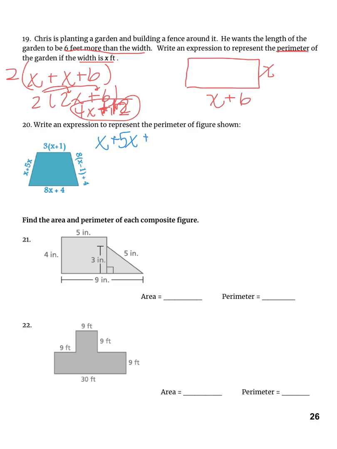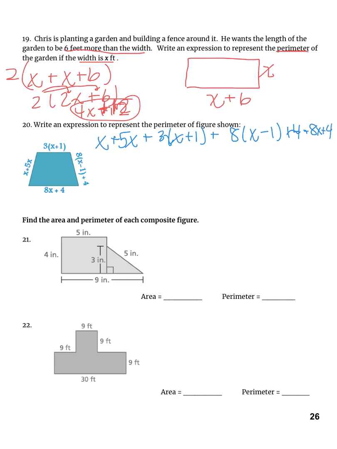Plus, and then you have 3 times (x plus 1), plus, and then this really complicated side over here, which is 8 times (x minus 1) plus 4, and then plus x, 8x plus 4. So those are all the sides of this trapezoid.